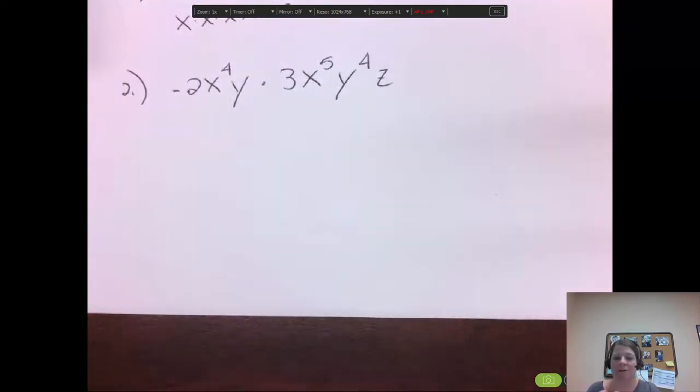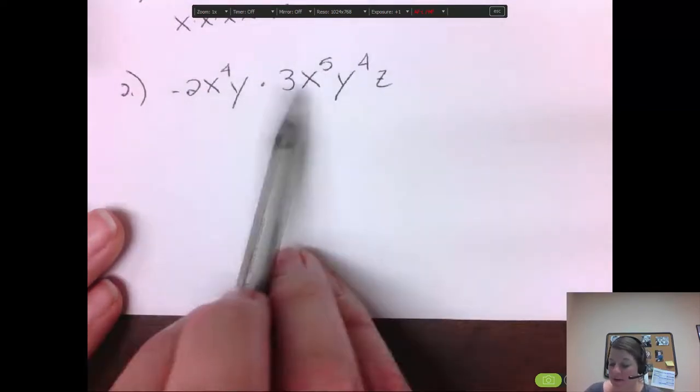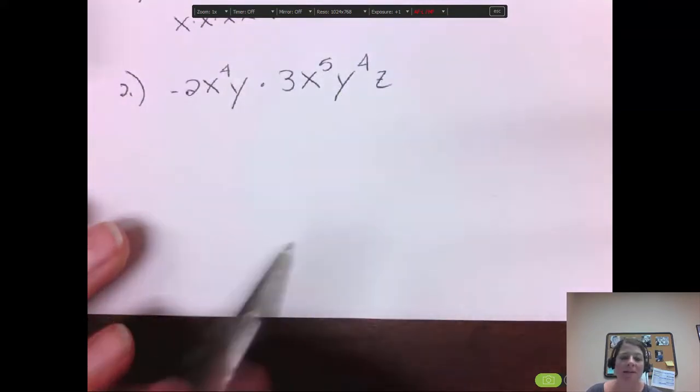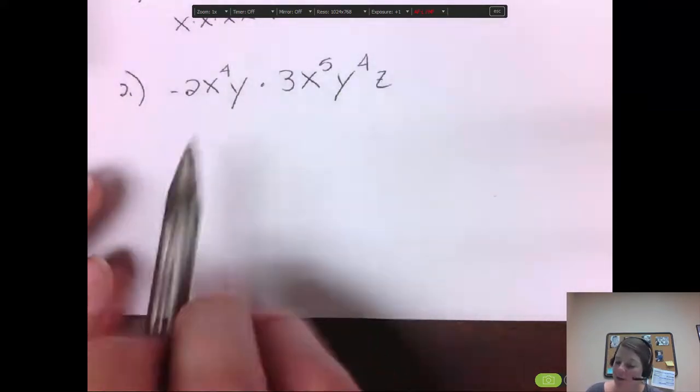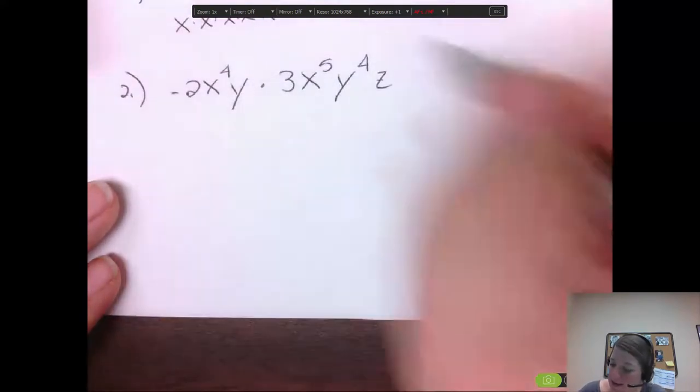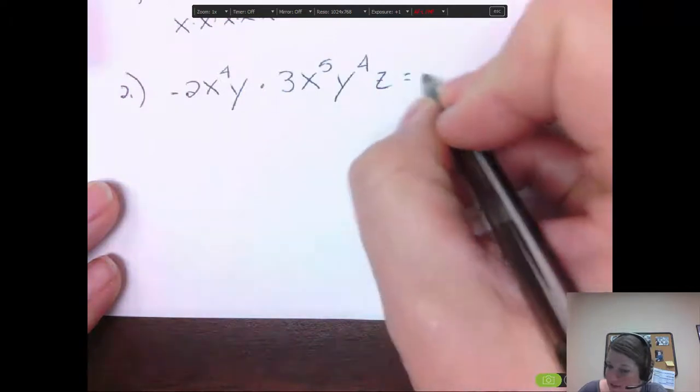Parentheses next to each other means times. So we start with the numbers, and we times the numbers. -2 and 3 make -6.